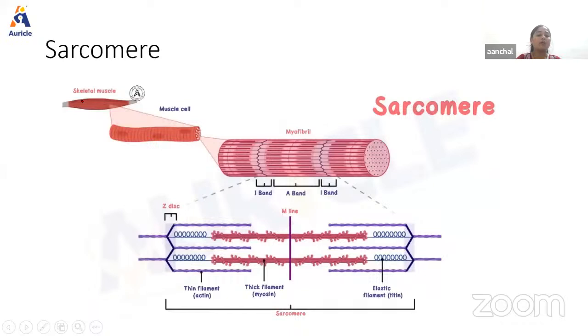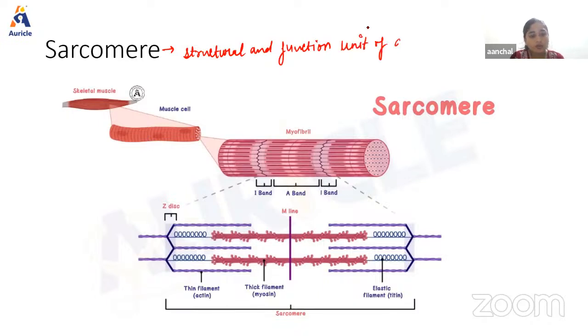Okay, next we're going to talk about a very important structure, that is sarcomere. Okay, now first of all, what is sarcomere? Sarcomere is defined as the structural and functional unit of a skeletal muscle.